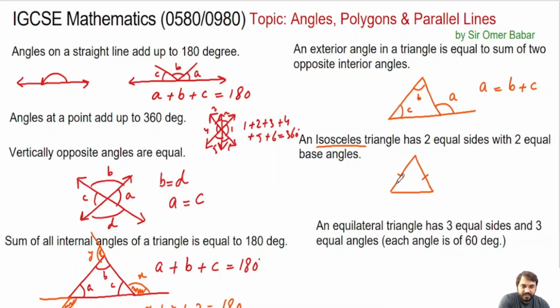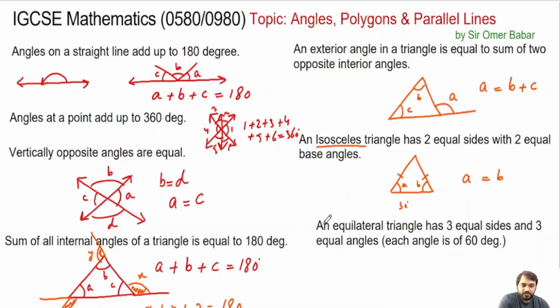It means their base angles are this one, A, and B. So A would be equal to B. If you have an isosceles triangle and you know one of the angles, let's say A is 30 degrees, then you do not need to worry about the other base angle B. B is also 30 degrees. This information is also important in the questions.